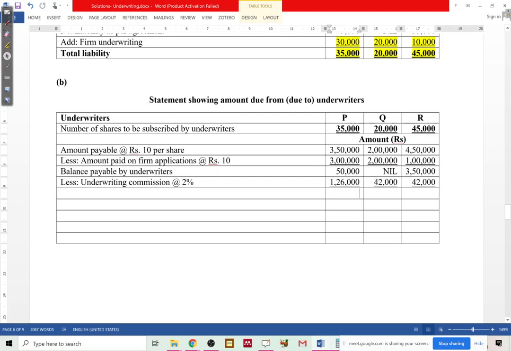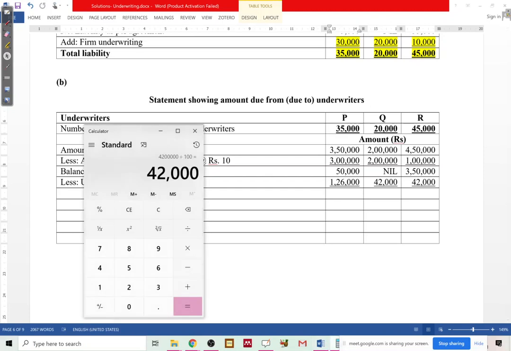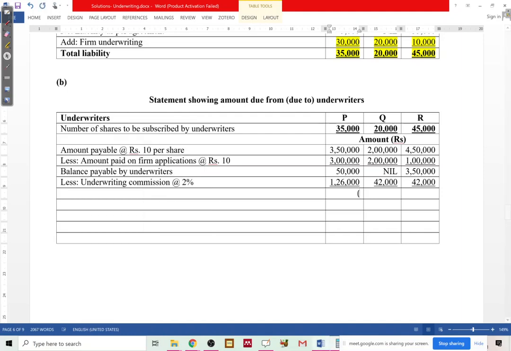Now in this case, let's see, now try to get the balances. We minus underwriting commission. From the first one, 50,000 is what underwriter is supposed to pay company, minus company is supposed to pay this much to the underwriter, 1,26,000. So balance is a negative balance of 76. And what does this mean? Which amount is greater? This commission which company is supposed to pay the underwriter is greater, isn't it?